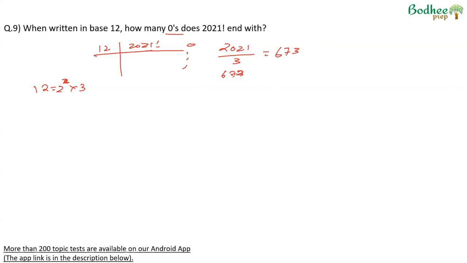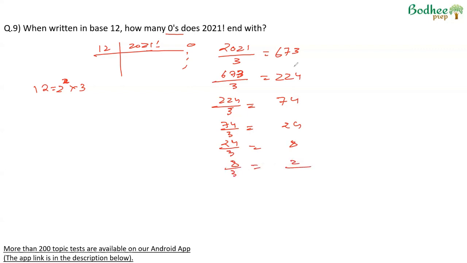Then 673 divided by 3 would be 224. 224 divided by 3 will be 74. 74 divided by 3 will be 24. 24 divided by 3 would be 8. 8 divided by 3 would be 2. And that's it.